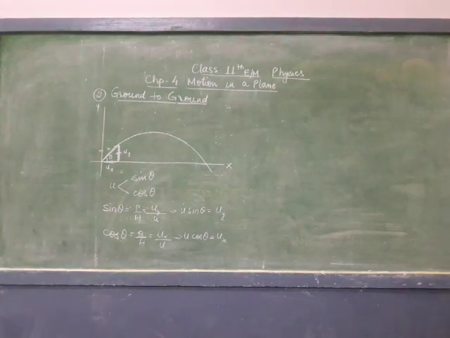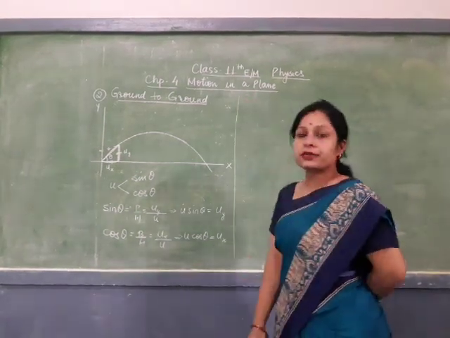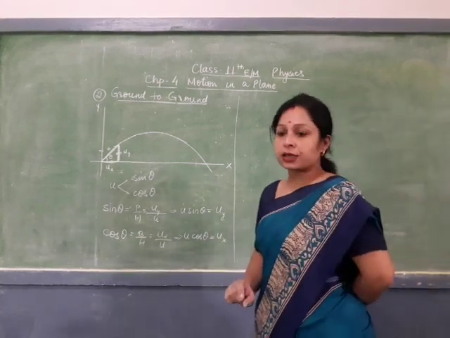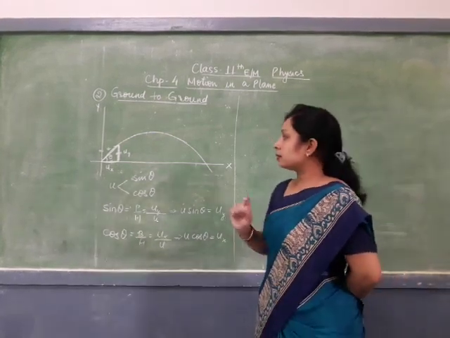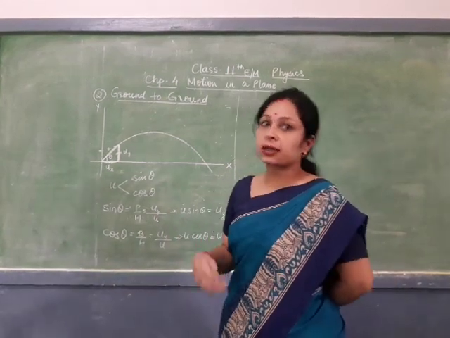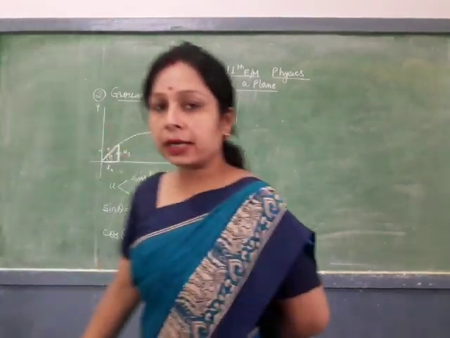These two components are going to decide the vertical and horizontal motion of the body. Now, as we considered in the previous video, here also we are going to consider the same relation. First of all the horizontal motion and then the vertical motion, so that you can very easily find the relation.